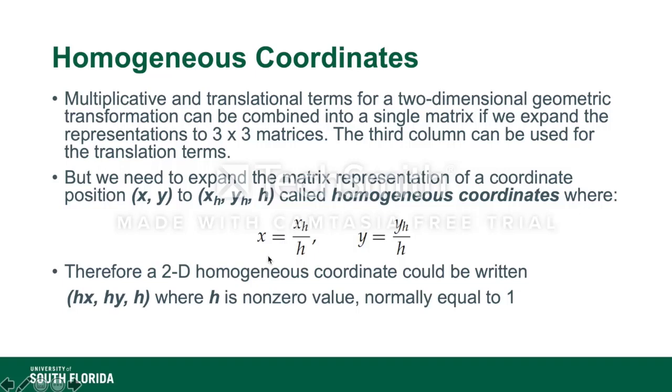In this case, x is equal to xh divided by h, and y is equal to yh divided by h. Therefore, a 2D homogeneous coordinate could be written as h times x, h times y, and h. We define h times x as xh, as we can see here. Normally, h is selected as a non-zero value, and most of the time it is equal to 1.